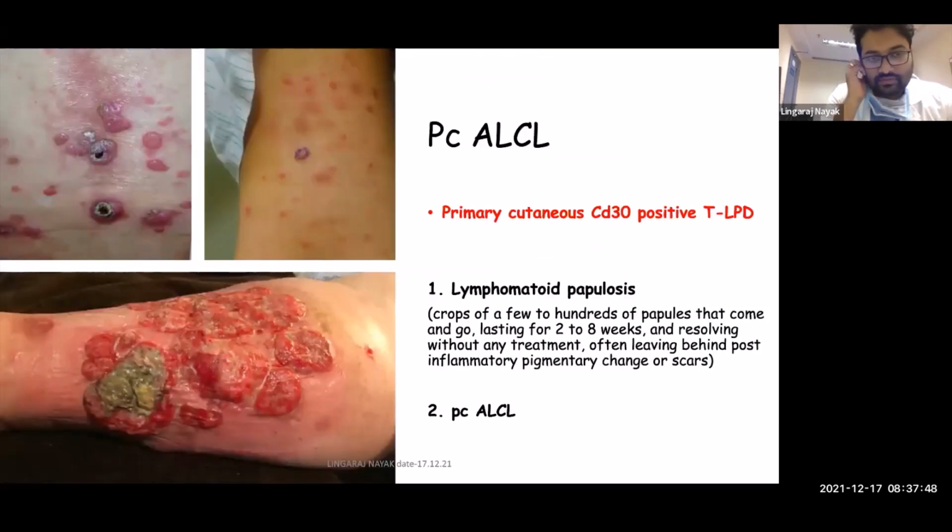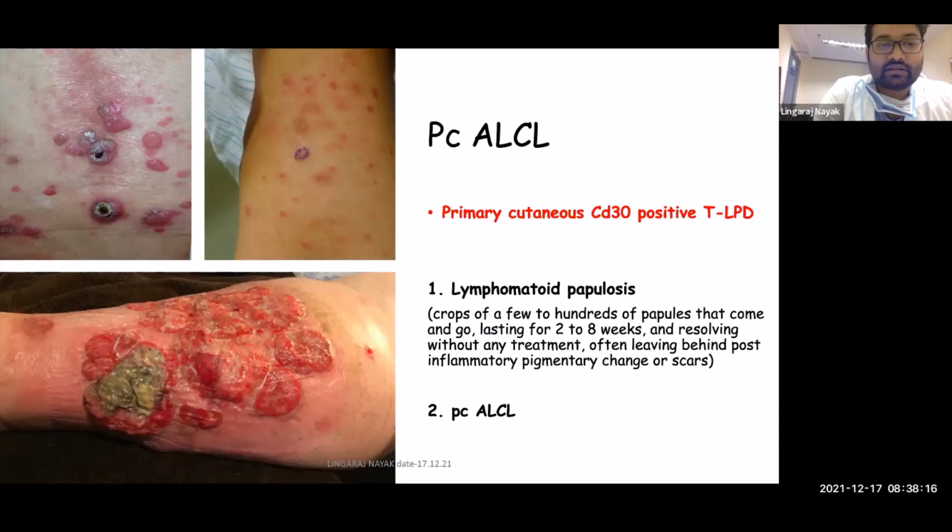Now, we'll discuss first primary cutaneous ALCL. Primary cutaneous ALCL comes under the broader heading of primary cutaneous CD30 positive T lymphoproliferative disorder, and it has two important diseases, that is lymphomatoid papulosis and primary cutaneous ALCL. Primary cutaneous ALCL is a disease which is limited to the skin alone.